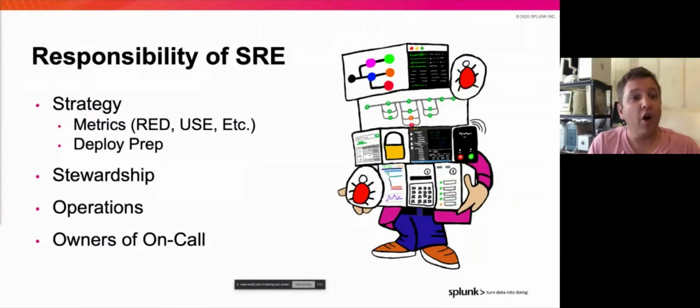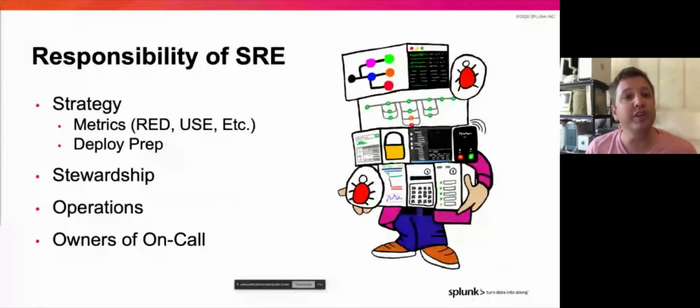So they are also stewards. They end up providing stewardship of DevOps, of automation, of these modern support practices to the rest of the organization. They are an operations function. There is no denying that, but it has changed how they approach operations.